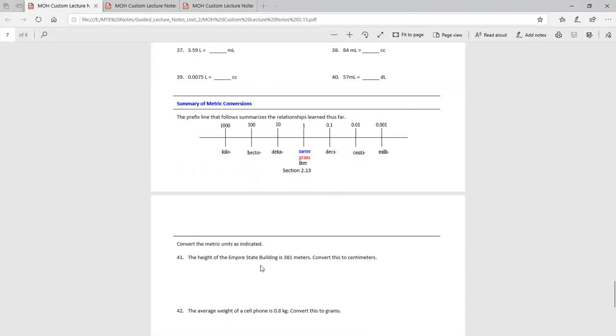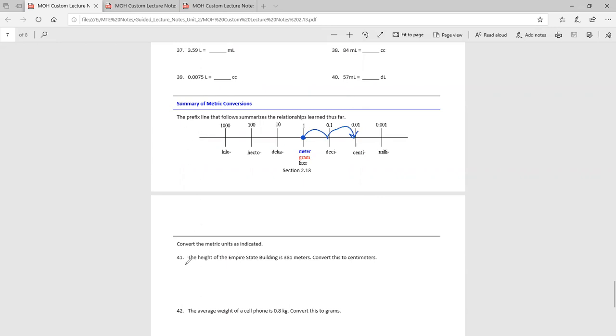So we're starting with 381 meters, and our goal is to end up in centimeters. We're starting at meters, which is dead center. To convert to centimeters, we're going to go right 1, 2 times. So that is exactly what we will do with the decimal in 381.